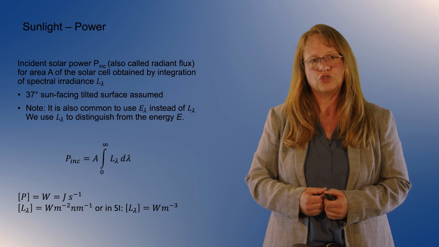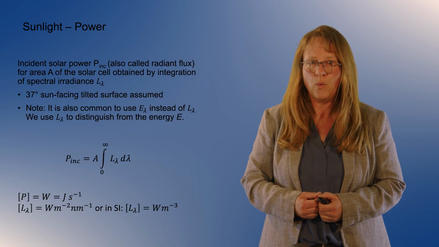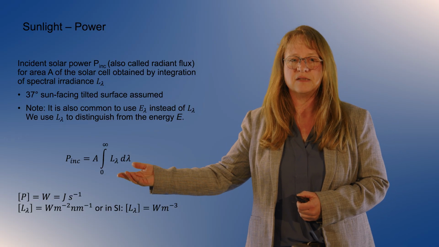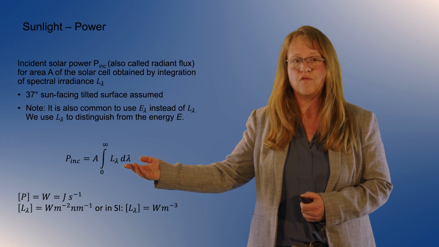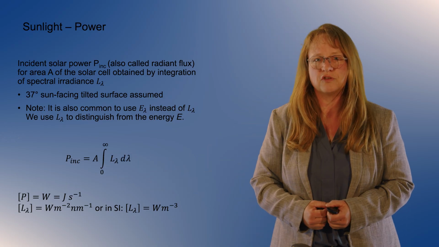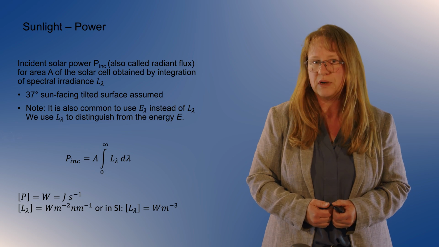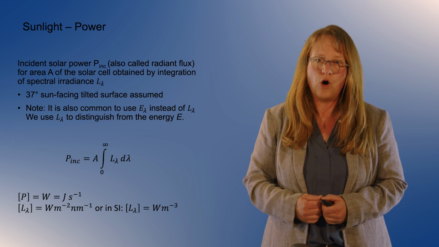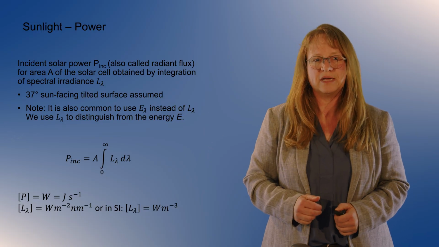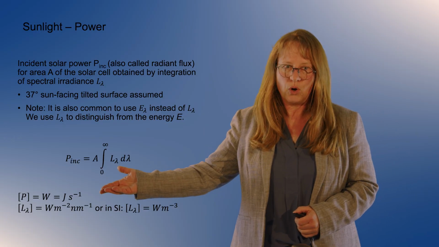So in order to determine the total power in the spectrum, we need to integrate the spectral irradiance over the wavelength lambda, and we need to multiply it with the surface A of our solar cell in order to know how much power is incident onto the solar cell. Down here, the units are also given.